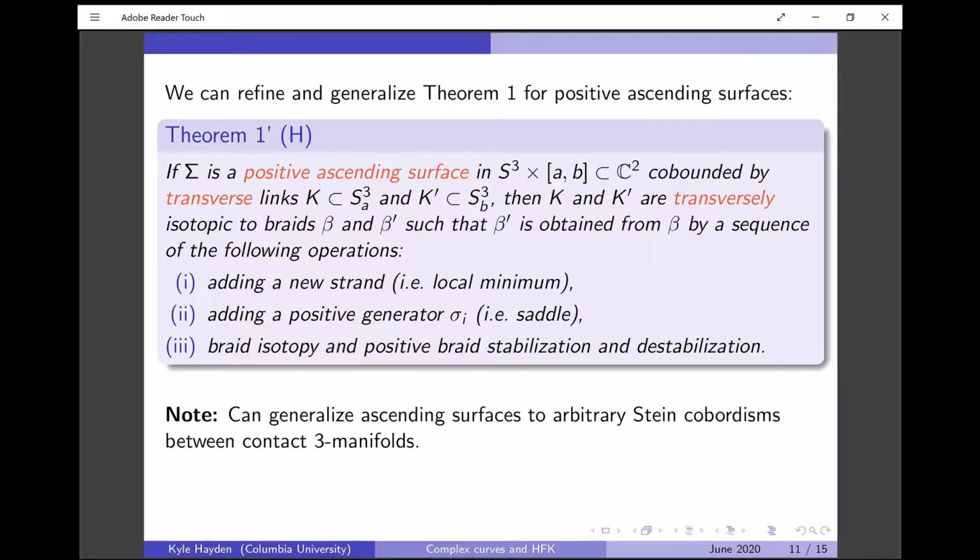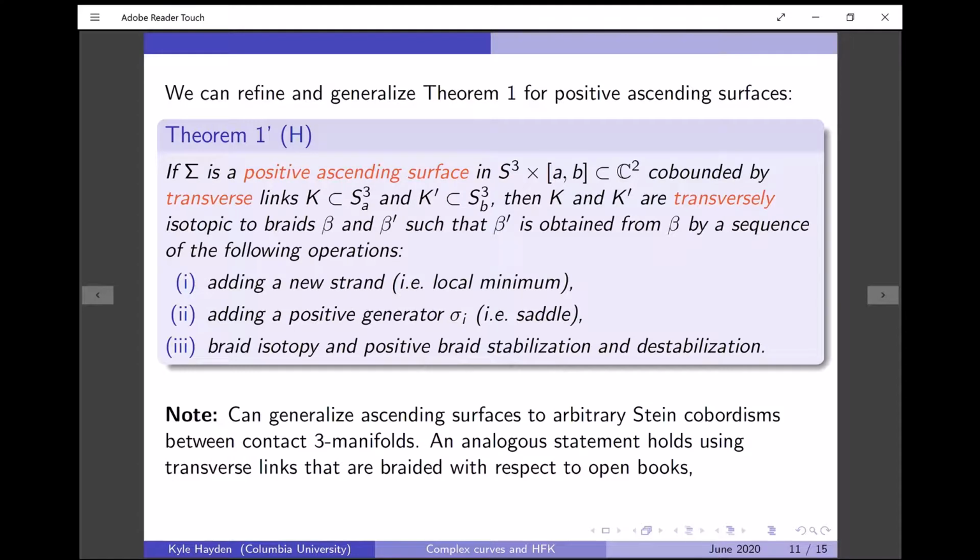The one caveat is that now, as I mentioned at the beginning, we also need to allow for some operations which change the topology of the level sets of the ambient four-manifold. So now instead, we'll have to work with arbitrary open books instead of the open book with disk pages that's familiar from the S3 setting, and we'll have a richer set of operations for describing the change in the level sets of both the braid, both the complex curve, and the ambient manifold.